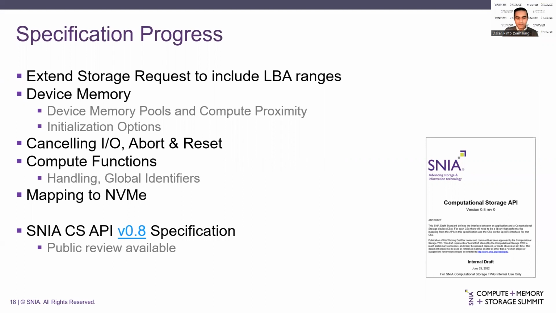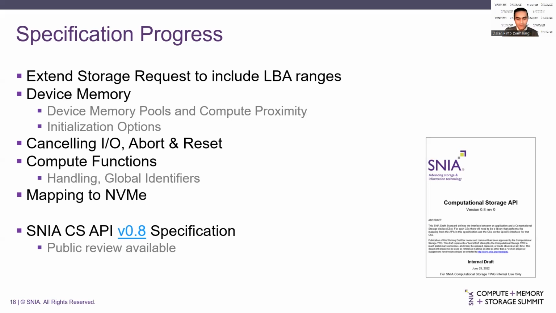Now, these LBA ranges are most beneficial if your data is fragmented or your data has data and metadata as inputs, and you can specify that in LBA ranges. Also, if your data is managed by your own file system, then using LBAs in this way seems to be most desirable.